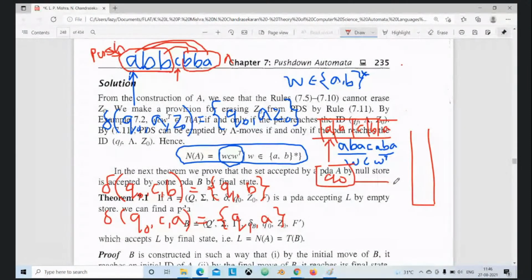Initially Z0 is on the top of the stack. Considering this, we will need to do a push, moving step by step. You can cross-check what you're doing. This will be lengthy, but once you practice this way of analyzing things, it will be very easy. So try to post a solution. Let me see.